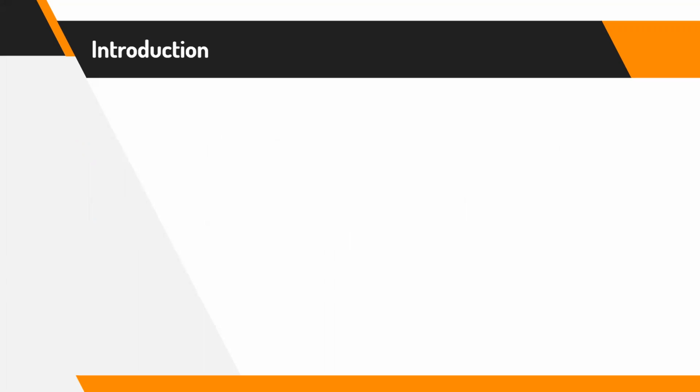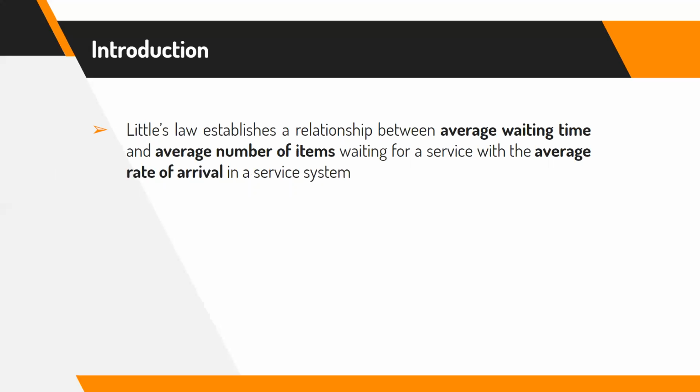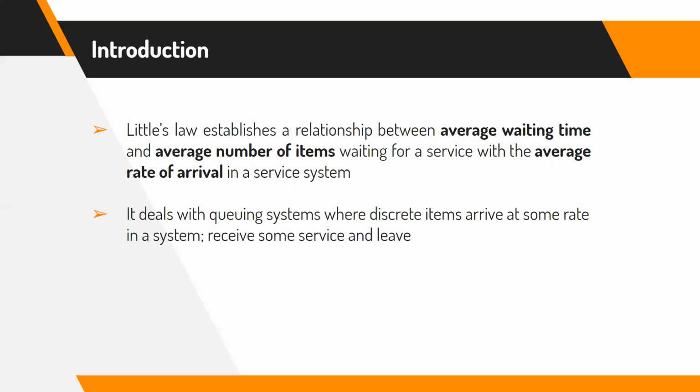Now let us introduce some facts about Little's Law. Little's Law establishes a relationship between average waiting time and average number of items waiting for a service with the average rate of arrival in a service system. It majorly deals with queuing systems where discrete items arrive at some rate in a system and they receive some service and leave.